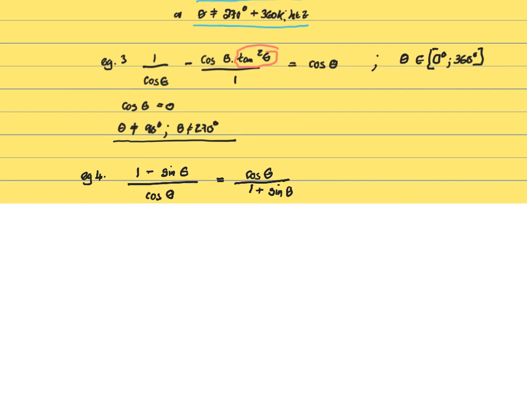It is an identity, and I want to know for which values, if theta is an element of 0 degrees to 360 degrees, this identity will not be valid.